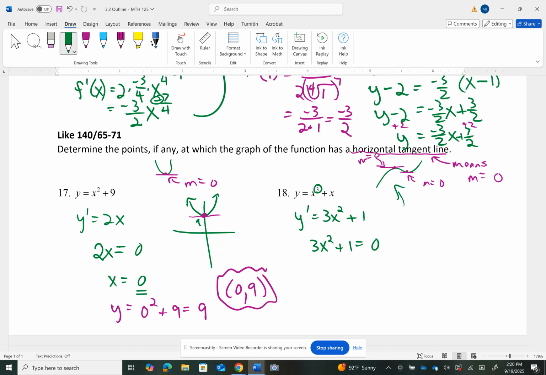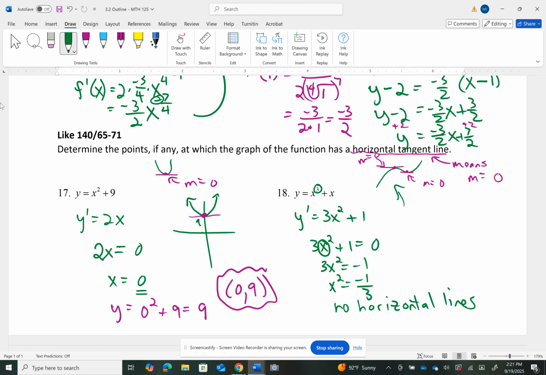But in this case, I notice that no matter what I put in for x, once it's squared and multiplied by 3, that's going to have to be 0 or positive. If you continue trying to solve this, something squared can't be negative. You can't get a real number out of that. So there'll be no horizontal tangent lines for that.